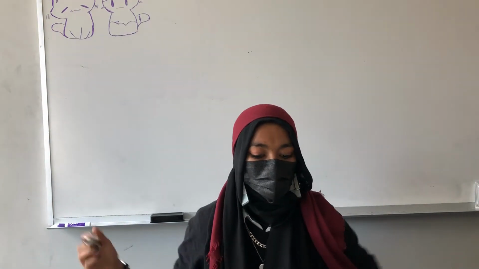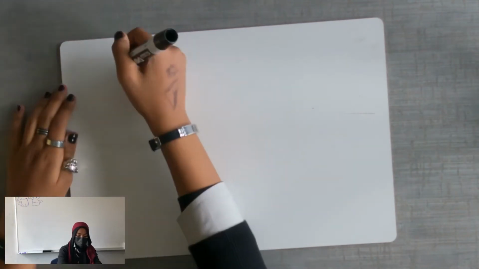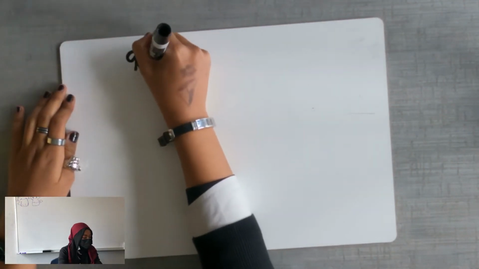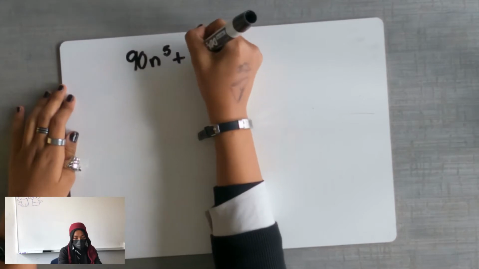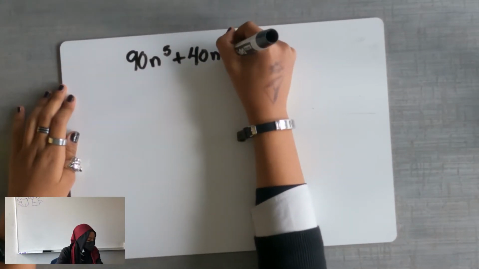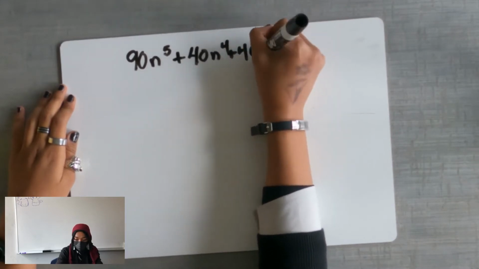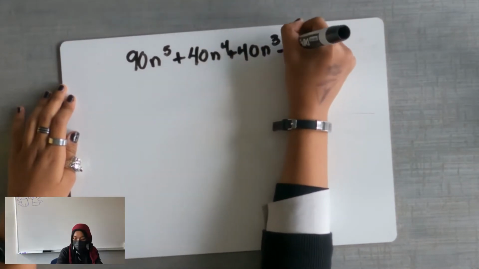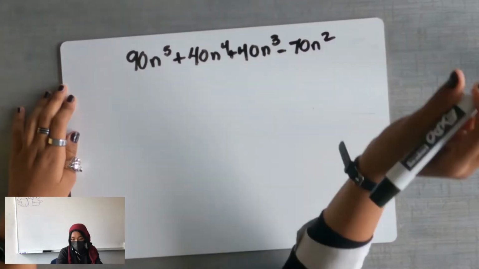Let's get into it. Our first problem, we have 90n to the 5th plus 40n to the 4th plus 40n to the 3rd minus 70n squared.